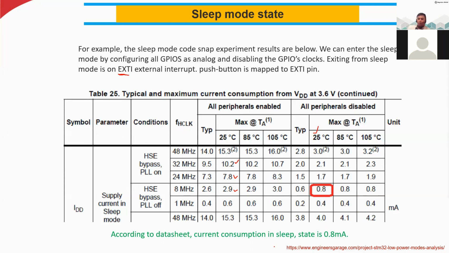If you want to read more details about the sleep modes, you can go into this reference and see the different types of analysis they have done and what kind of experiments they have done to analyze the low power modes.